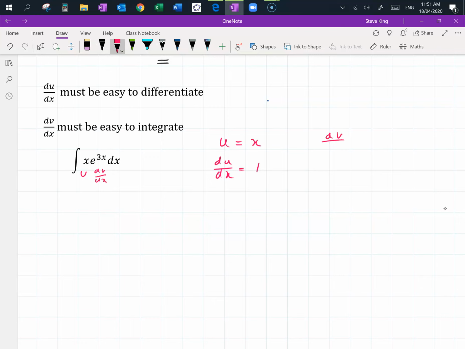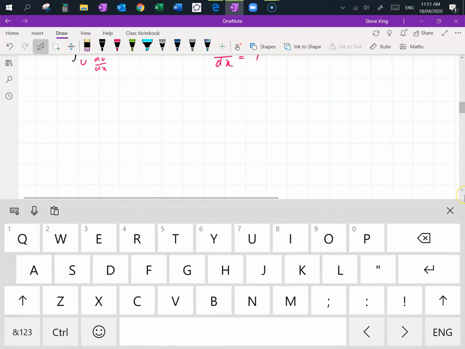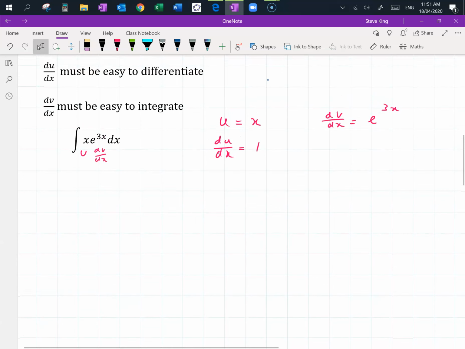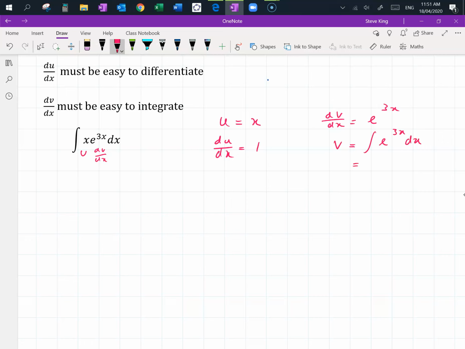So dv dx is equal to e to the 3x, and I want to go back and find out what v is. I need to integrate both sides, and I'll get that v is equal to the integral of e to the 3x dx. In other words, it's going to be 1/3 e to the 3x.